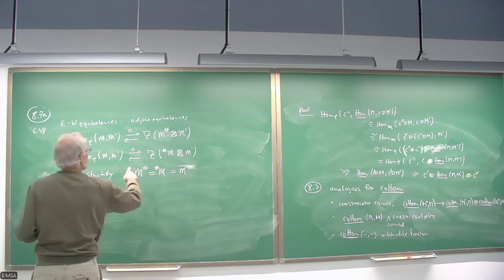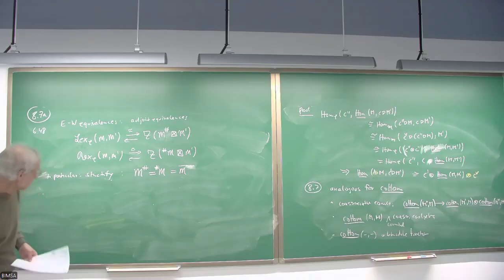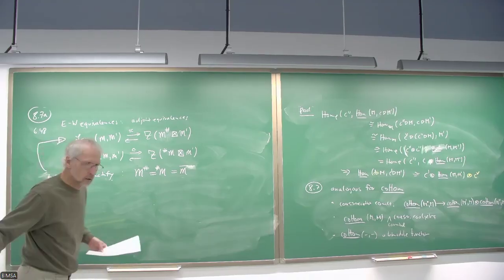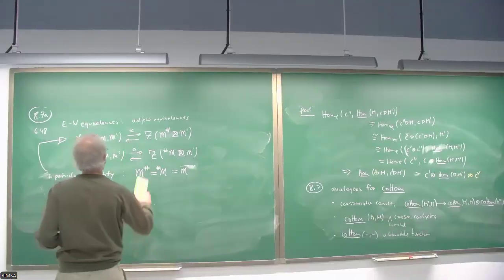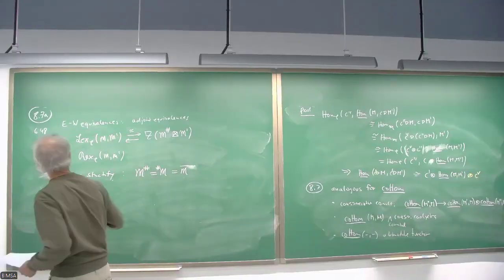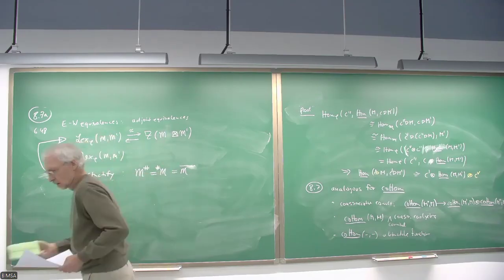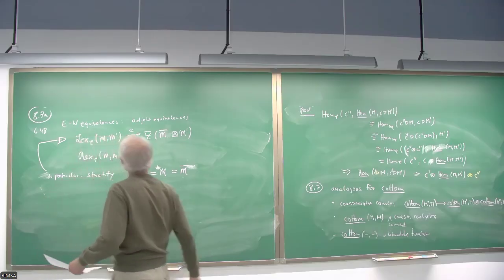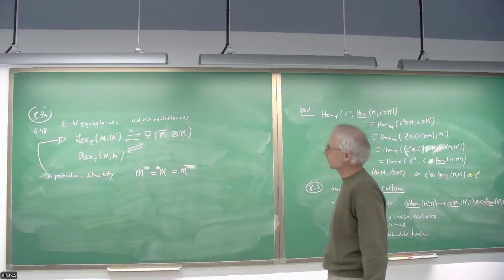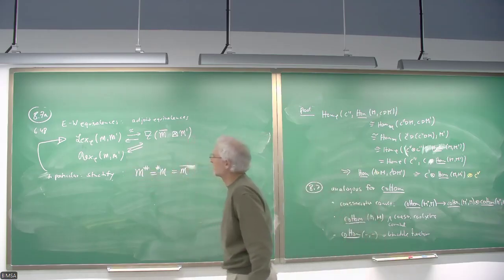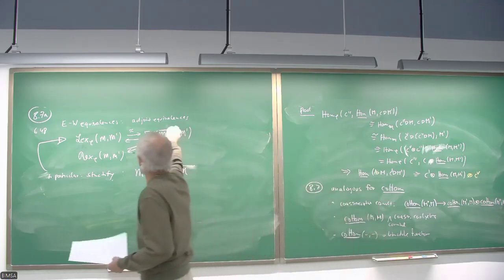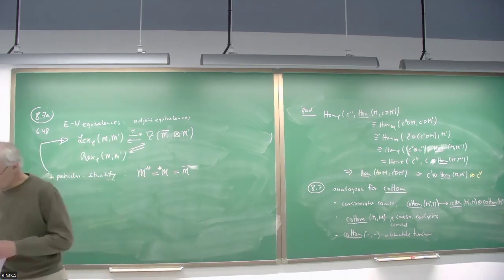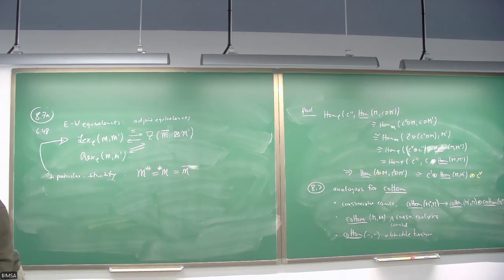And in this case, let me just write this here. We have equivalences of this type, and in particular, the left and right exact functors are related by such equivalences. And 7b.